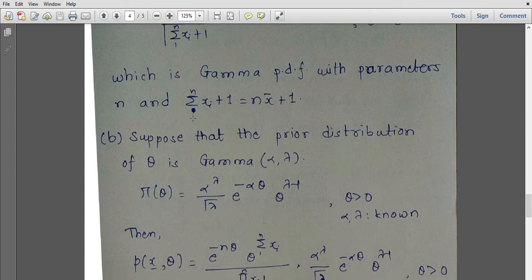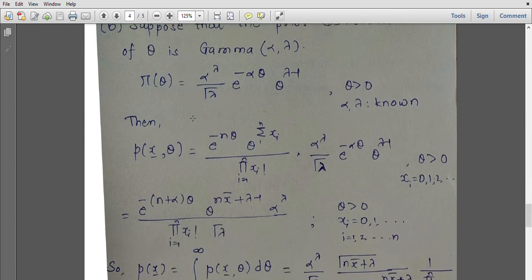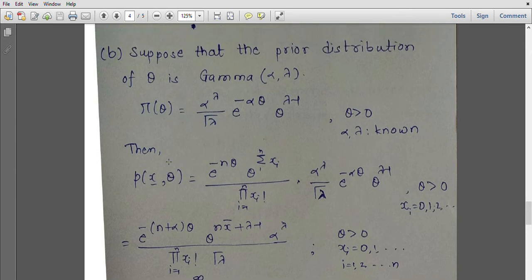If we repeat the procedure which we had used earlier, we get this as the joint distribution of x and theta. Now before getting the posterior distribution, try to guess what it is going to be.